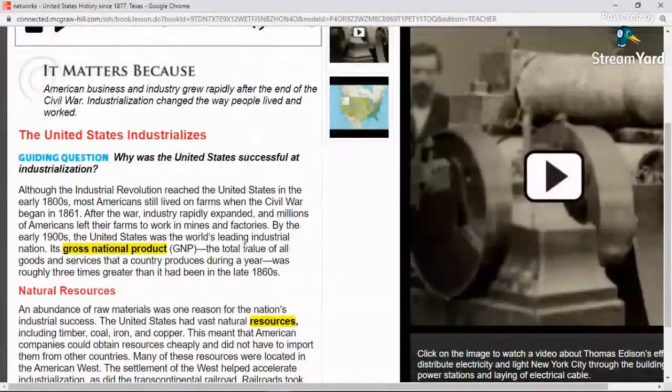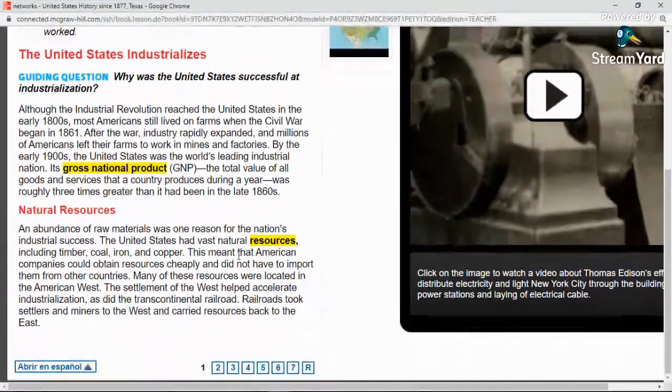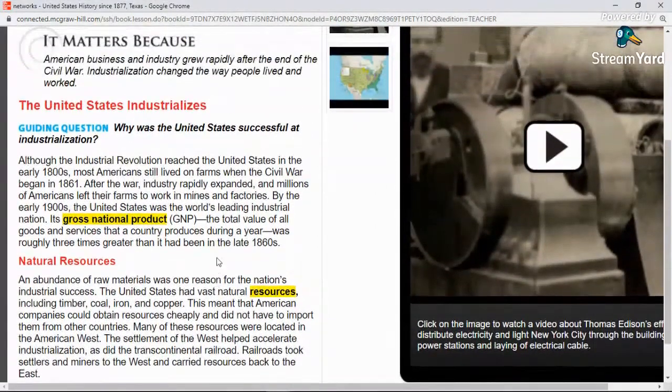So first, we understand that industry really expanded, okay? And a lot of Americans left the farm to work in the mines and factories, okay? Because they found gold, they found minerals that could make a lot of money.